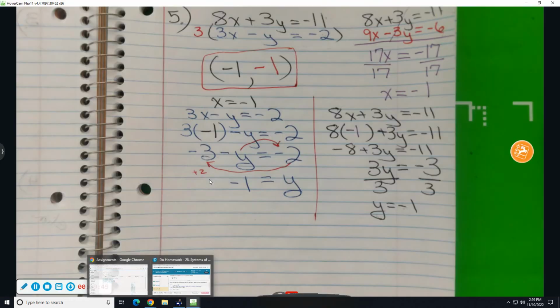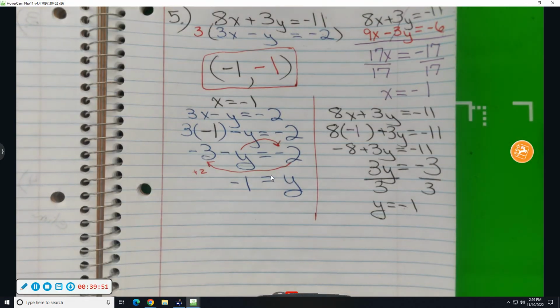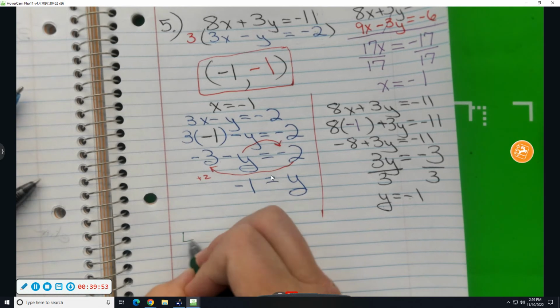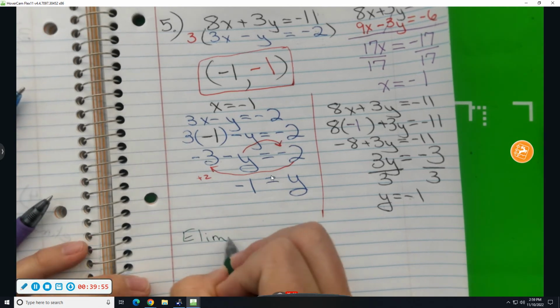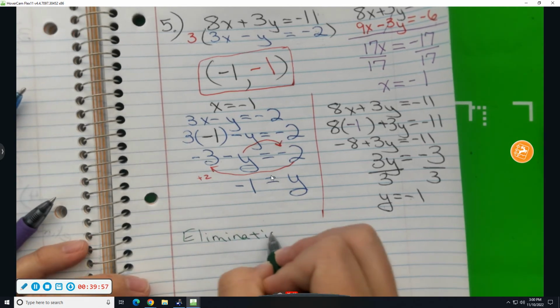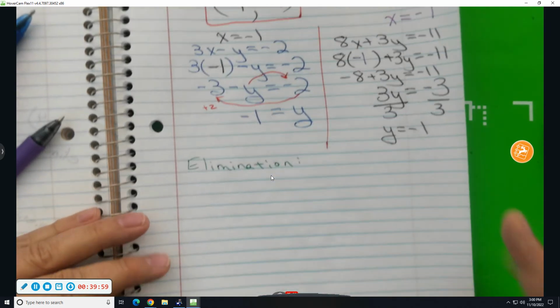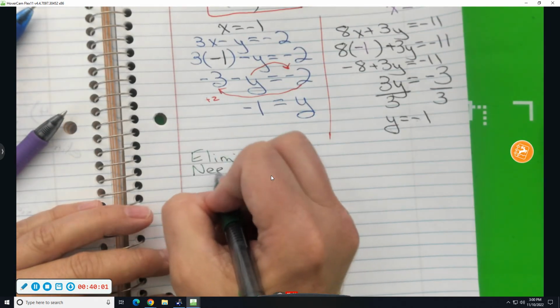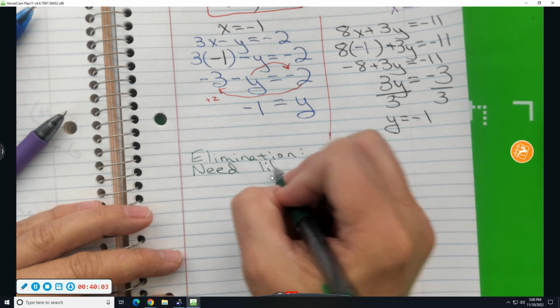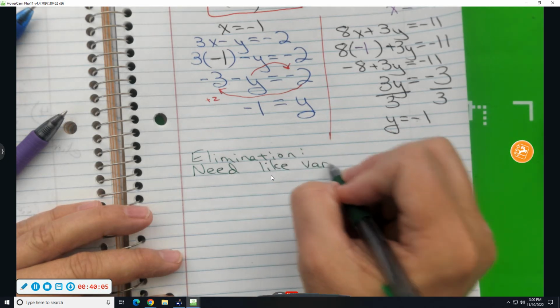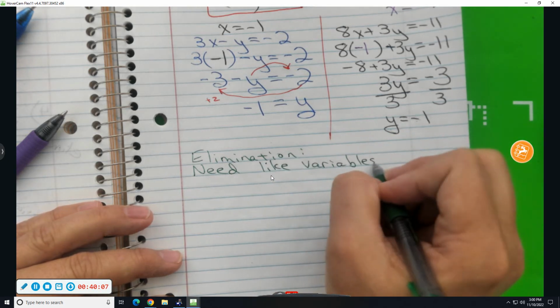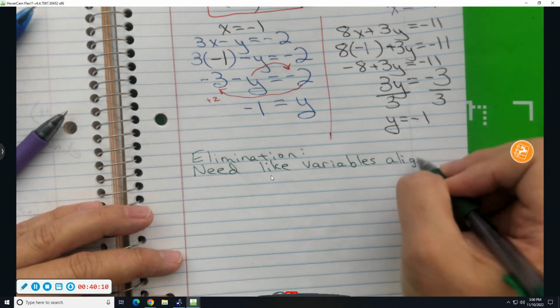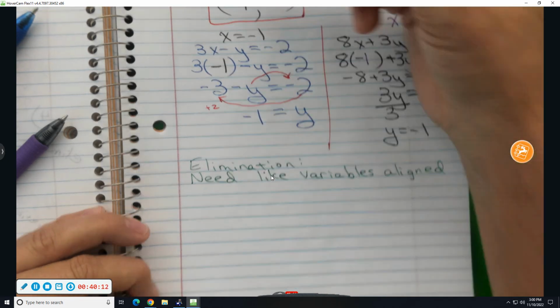You need the same coefficient with opposite signs. So I'm going to write that out. Elimination. Here's what you need. You need like variables aligned, so the x's should be lined up and the y's are lined up.